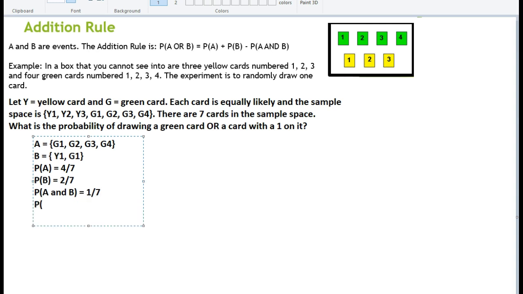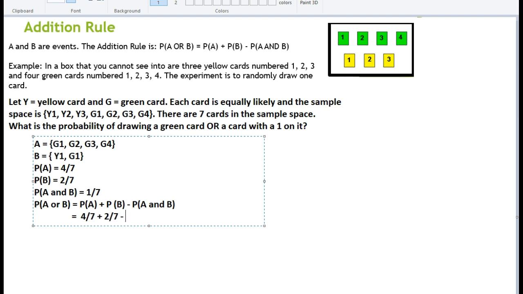So now we can go ahead and do this equation. The probability of A or B is the probability of A plus the probability of B minus the probability of A and B. So the probability of A was 4/7 plus the probability of B is 2/7 minus the probability of A and B, 1/7. Since they all have the same denominator of 7, we can add the numerators. 4 plus 2 is 6, minus 1 is 5.